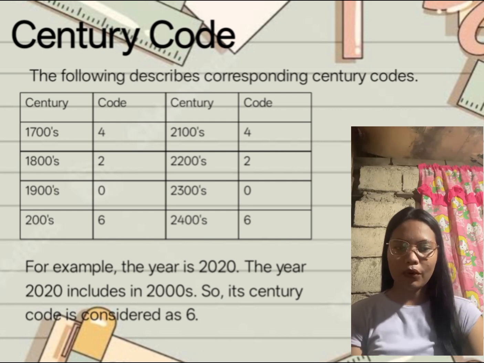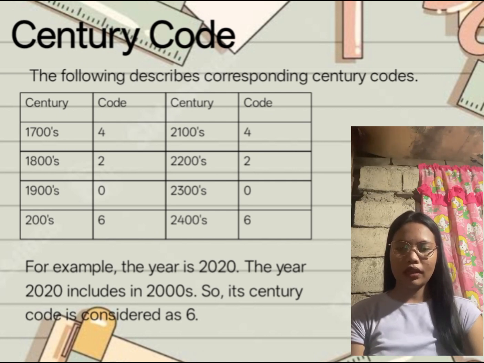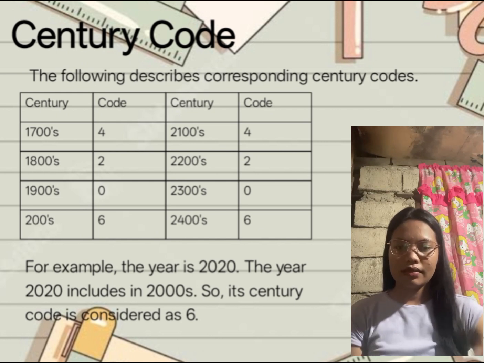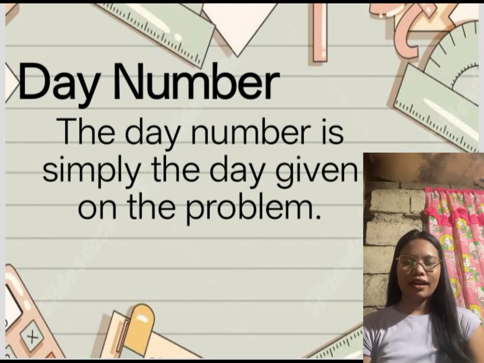For example, the year is 2020. The year 2020 is included in the 2000s century and it has the corresponding code, which is 6. Next is the day number. The day number is simply the day of the given date.